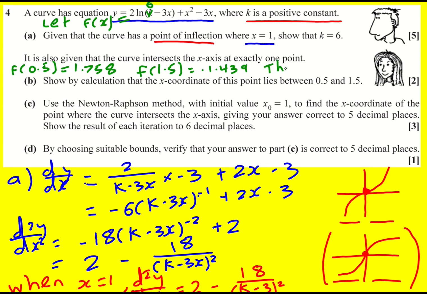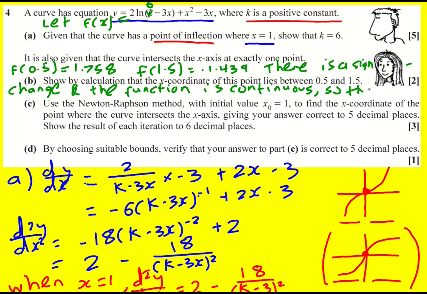So there is a sign change. That is normally deemed to be enough, but we should also technically add the function is also continuous over the interval. Actually, it's continuous everywhere, so I'm just going to leave it like that. Function is continuous.